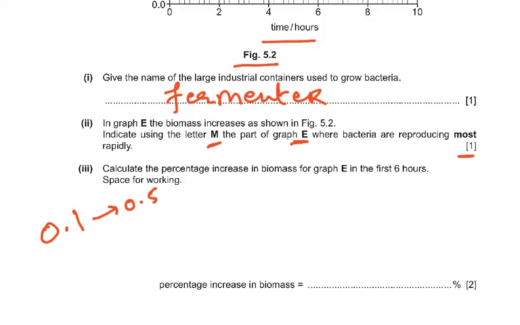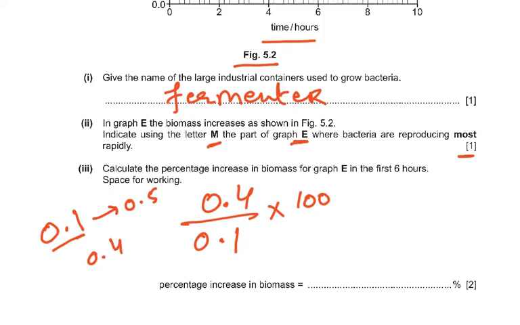So you subtract, it will be 0.4. And the original was 0.1. So 0.4 divided by 0.1, change over original, and times 100. Now this is 400%.